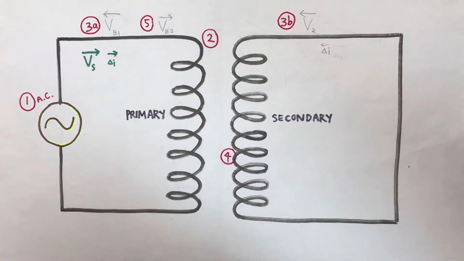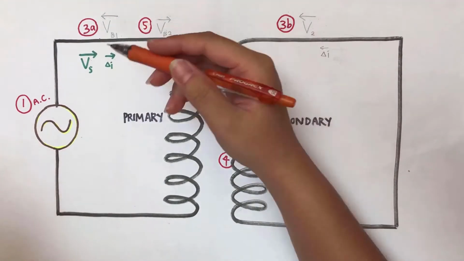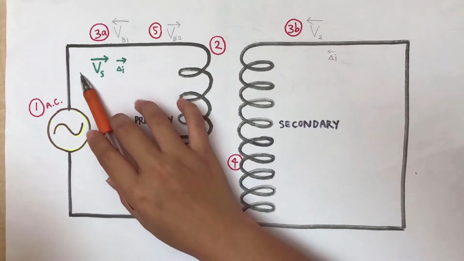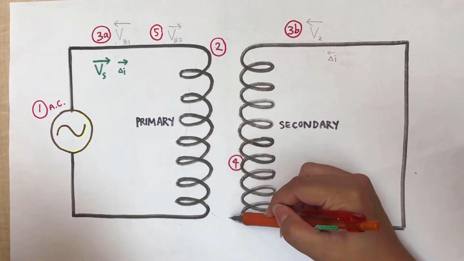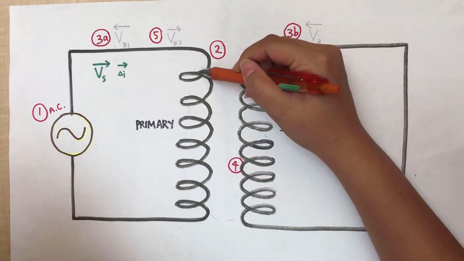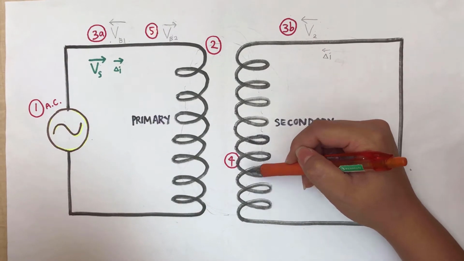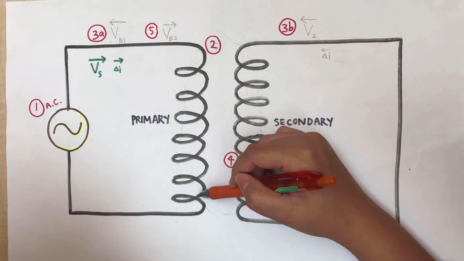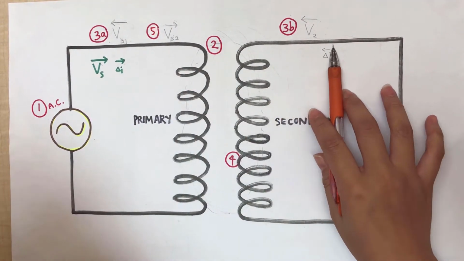Now, I'm going to explain back EMF in a transformer. Firstly, alternating current flows through the primary coil, and this will produce changing magnetic flux. This changing magnetic flux links in both coils. Hence, based on Faraday's law, it will produce an induced EMF in each coil, the primary coil and the secondary coil.